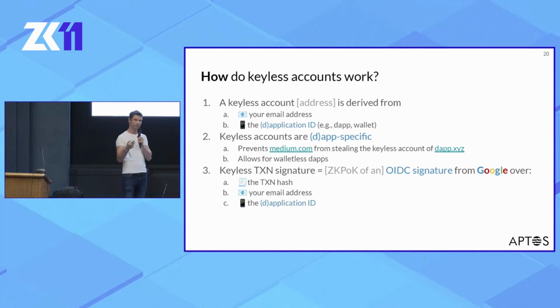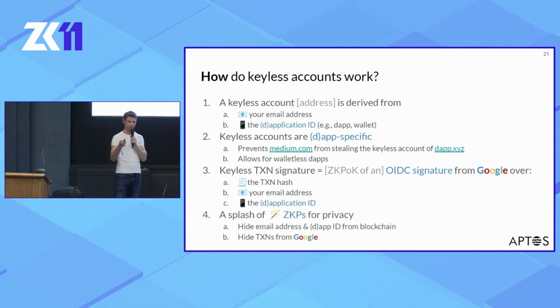Now, a keyless transaction signature, the way this works, is it's really the same thing as an OpenID Connect signature from the provider. And really, it's a zero-knowledge proof of knowledge of such a signature for privacy reasons. The signature from Google is over a couple of things: the transaction hash, your email address, and the application ID.